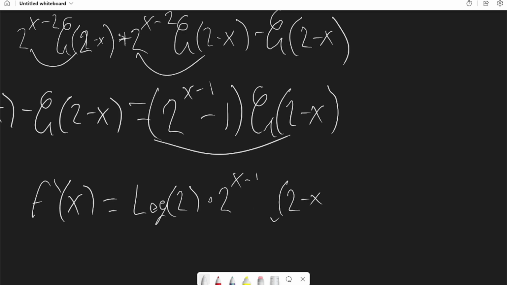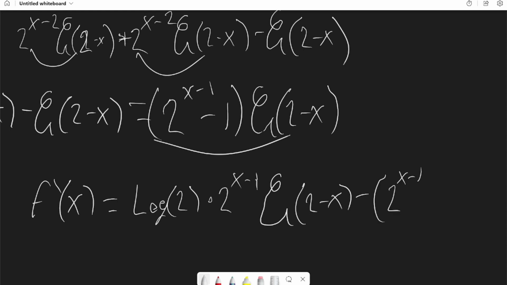Terrible Riemann zeta, I'm going to fix that. Riemann zeta of 2 minus x. There. And then differentiate the Riemann zeta, so that's going to be minus 2 to the x minus 1 minus 1 and Riemann zeta prime of 2 minus x. Just going to check this. Yep, that makes sense.